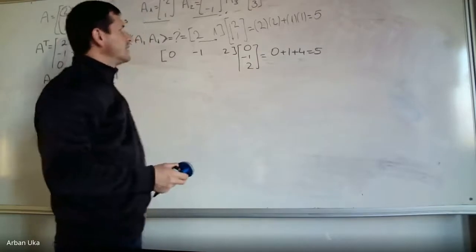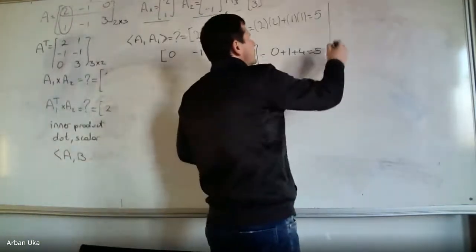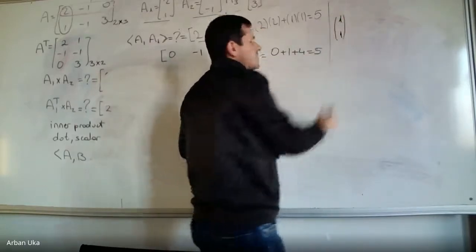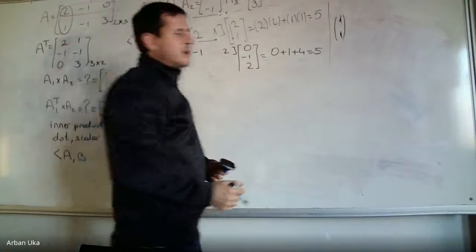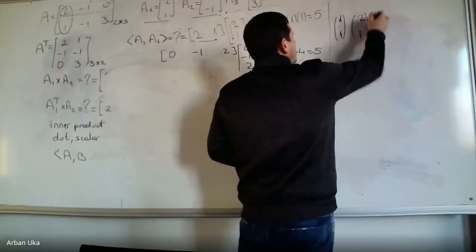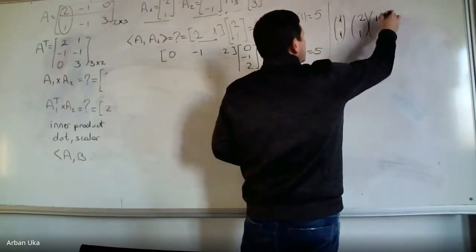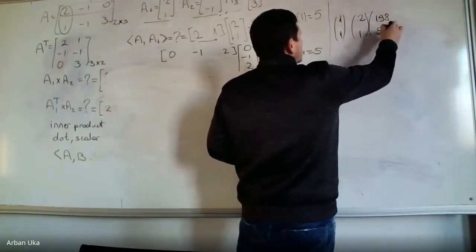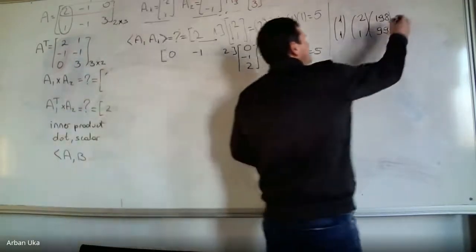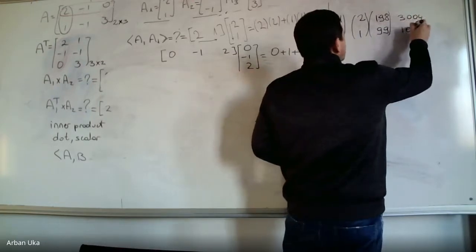For example, let's assume a series of numbers. We have here 1, 1. This is a vector, okay? And we can also have 2, 1, or at the same time 198, 99. This is another vector, and we can also have 3004, 1007.